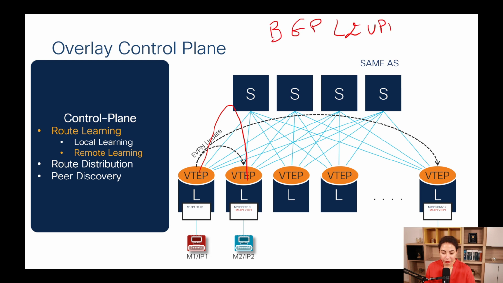And actually it is an iBGP because we are in the same AS. I would like to take the opportunity of this slide to stress multiple things because this slide is really important. And one more time, we will dig into all the details as we go on, especially as we go through the RFC, because we will go through some parts of the RFC.